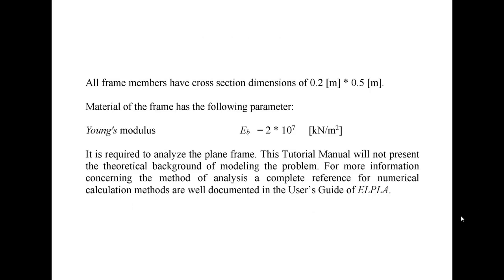All frame members have cross-section dimensions of 0.2 meter by 0.5 meter. Young's modulus of the frame materials is 2 by 10 power 7 kilonewton per meter square. It's required to analyze the plane frame.